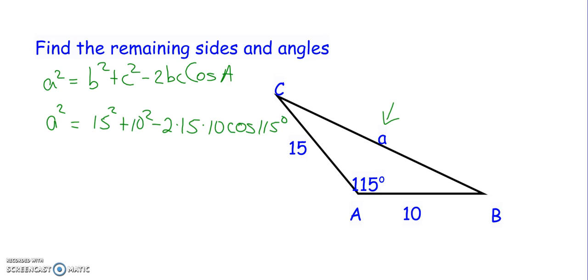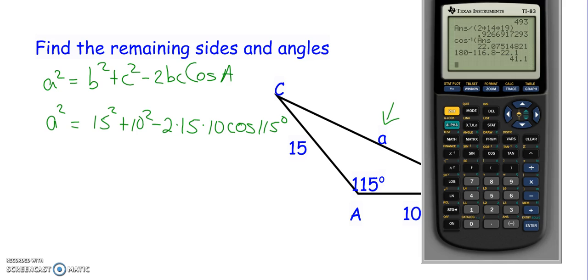And this is all calculator work. Again, you're going to be typing in 15 squared plus 10 squared minus 2 times 10 times 15 times the cosine of 115, and that's going to be all one answer.